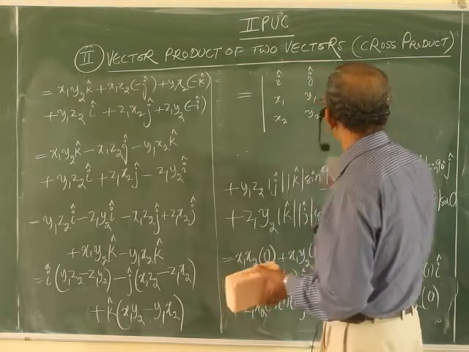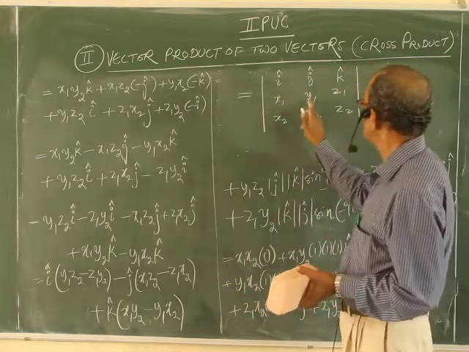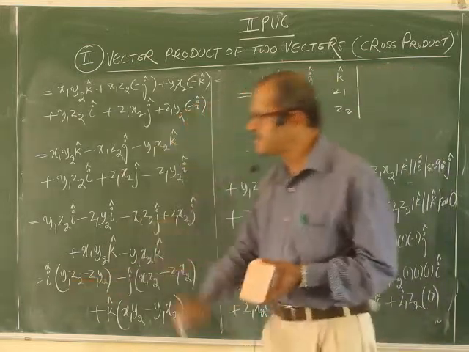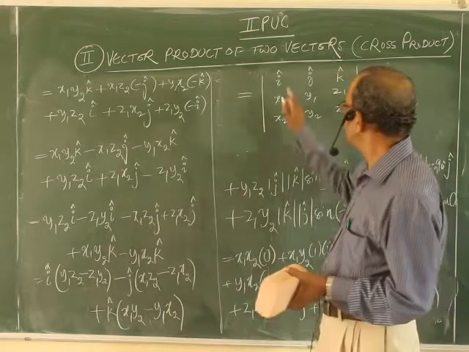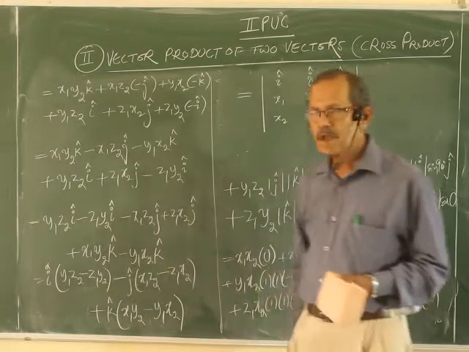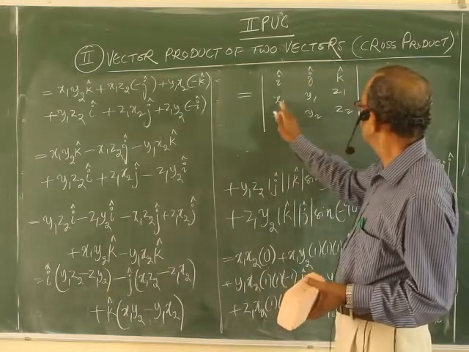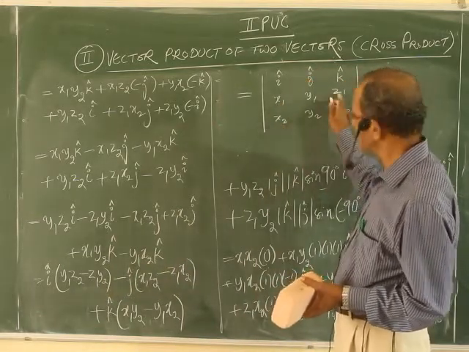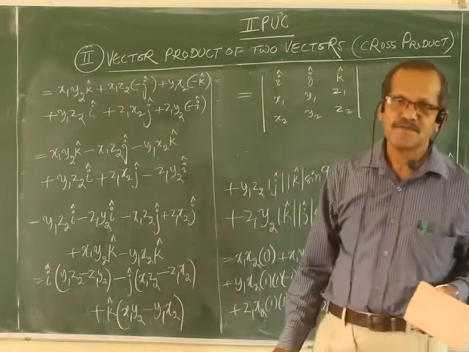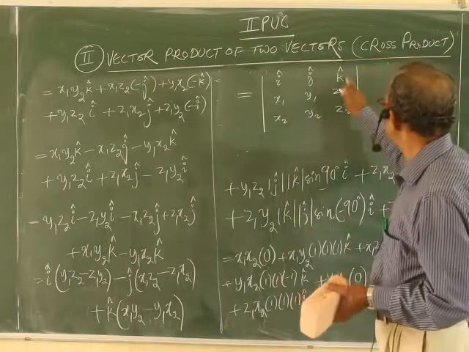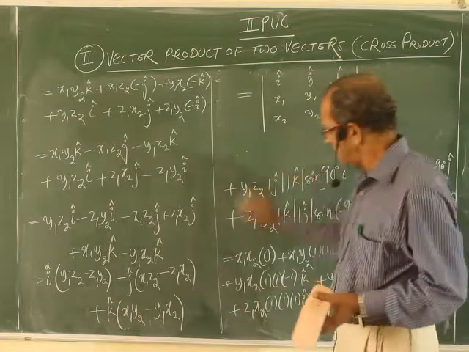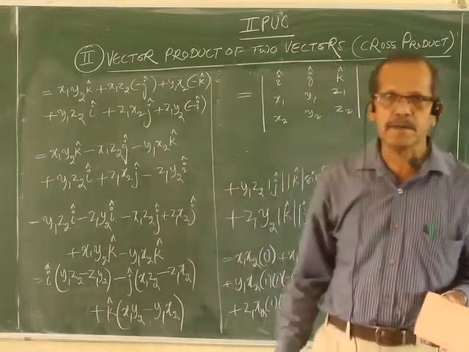Just to verify: I into y1 z2 minus y2 z1, correct, see? Minus j into x1 z2 minus x2 z1, correct. Plus k into x1 y2 minus x2 y1. Very simple to remember, see?